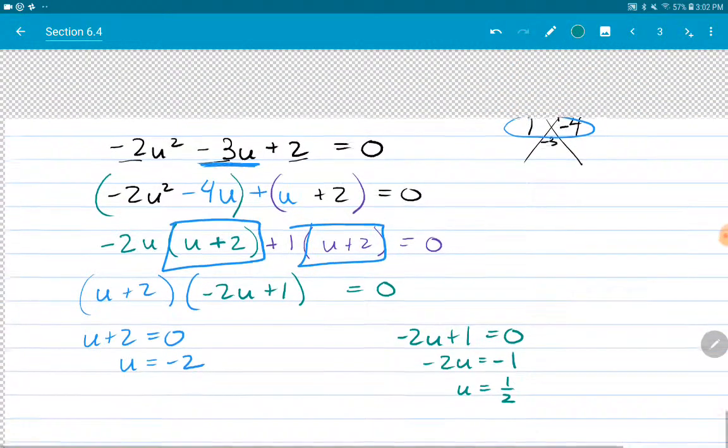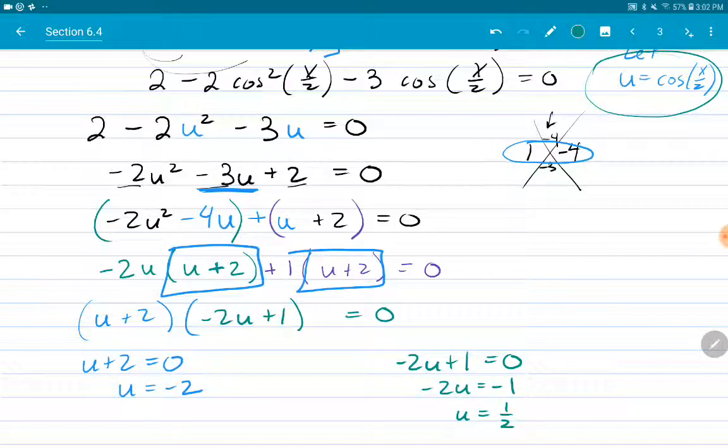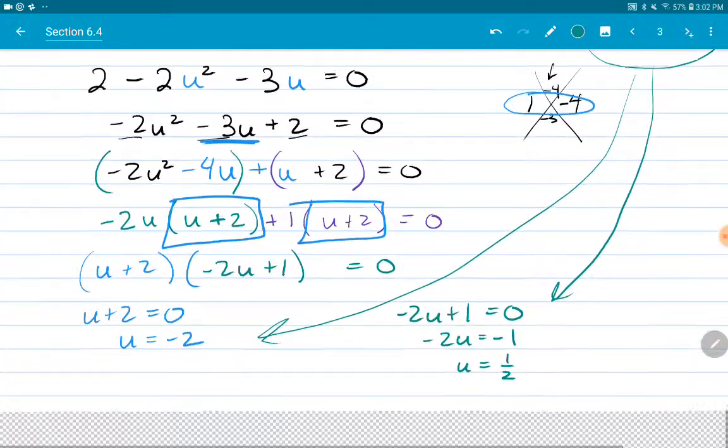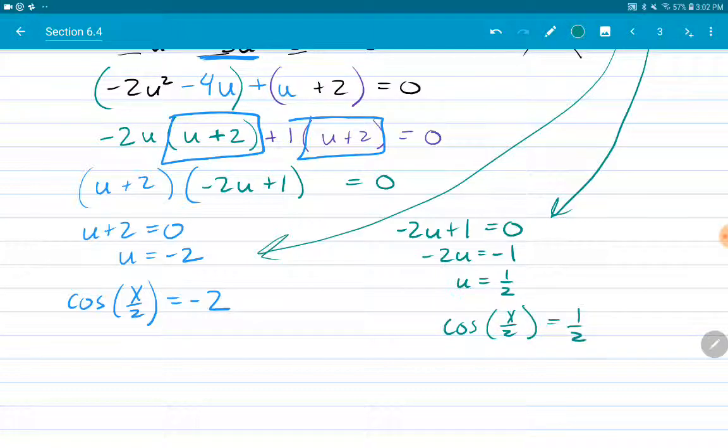Now I'm done with the substitution. That's as far as I can go with u. I need to go back and remember what that u was. That was cosine of x over 2. So I have cosine of x over 2 equals negative 2, and on the right, cosine of x over 2 equals 1/2.